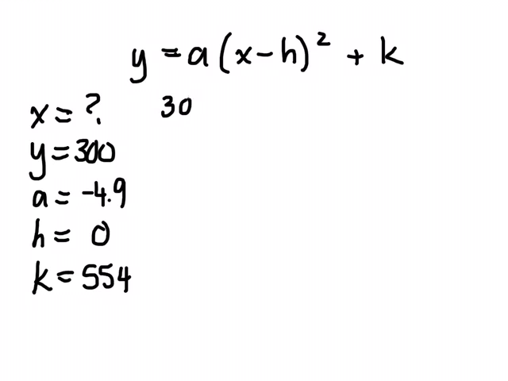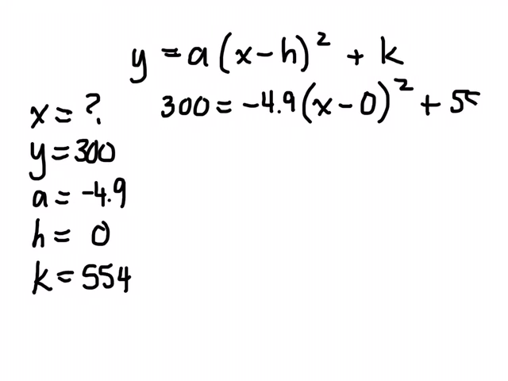So 300 equals negative 4.9 bracket x, we don't know, minus h is 0 and plus 554. What's x take away nothing? Just x, right? So let's simplify that. X take away nothing is x, so I have x squared.